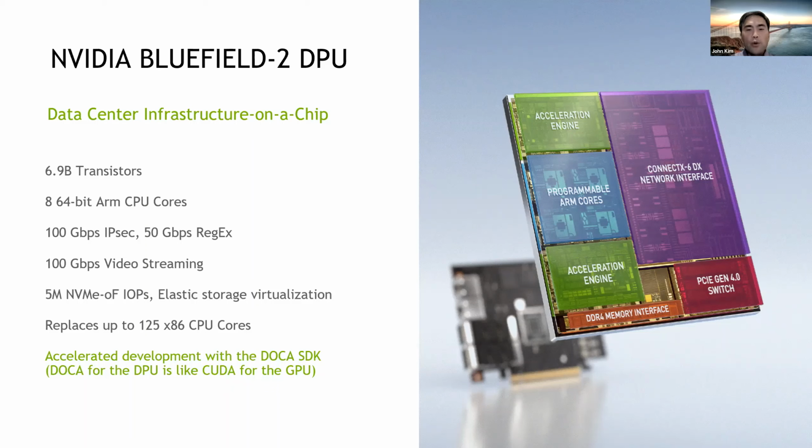And again, these are cores that do not need to be used for this because the DPU is doing it, and you can use this to run your applications, while the DPU worries about running these things. And in addition, there's an interface called DOCA for programming the DPU, and I'll talk more about that in just a little bit. That makes it very easy to program the DPU, just like CUDA makes it easy to program the NVIDIA GPUs.